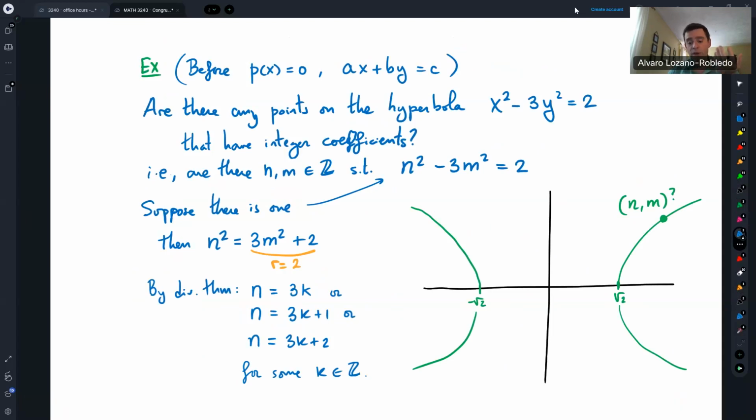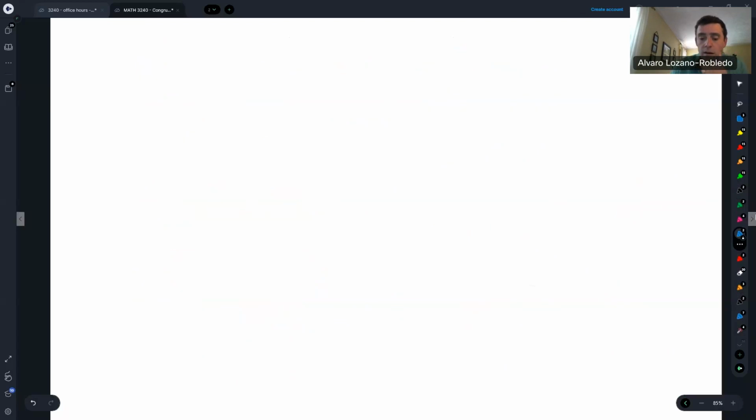So let's see what happens when I square those numbers. What remainders do I get? Again, our assumption right now is that there is a solution to this equation with integers n and m.